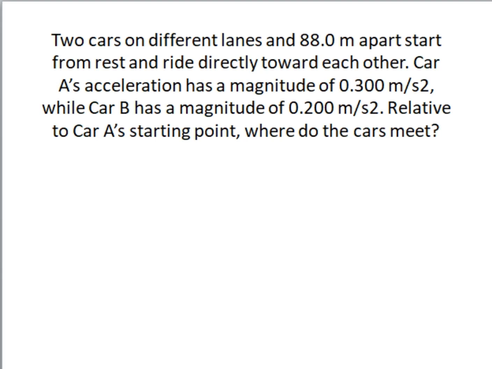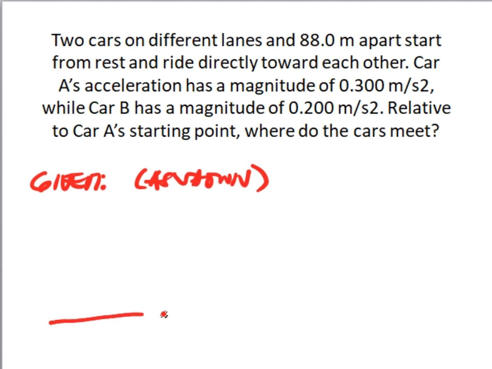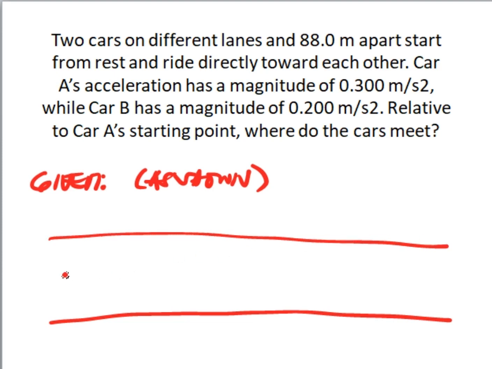So let us first have the givens. For us to analyze the problem well, let the given be as shown in our illustration. Let's say this is a two-lane road.